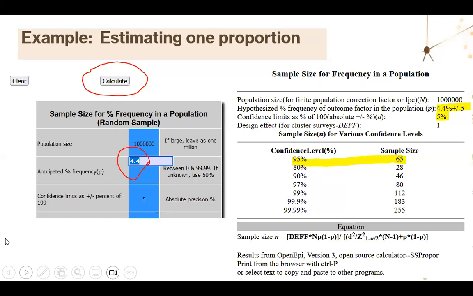Sample size for frequency in a population, and it gives me different confidence levels and the desired sample size for each level. So at 95% confidence level, I need 65 participants in order to make that estimate, and within a precision margin of 5%.